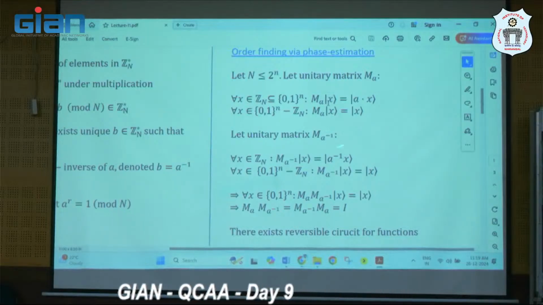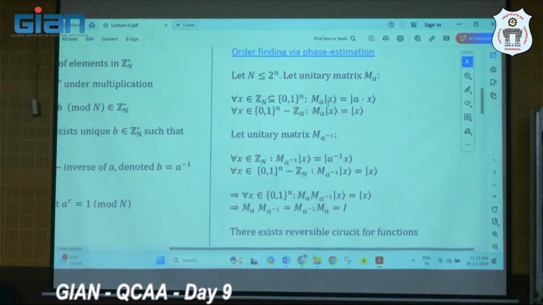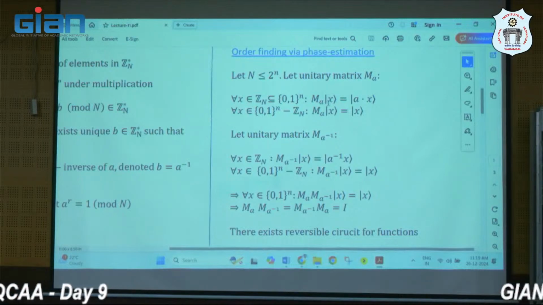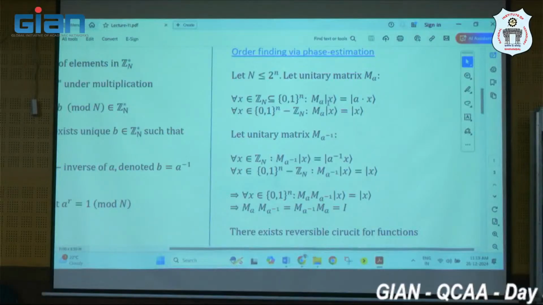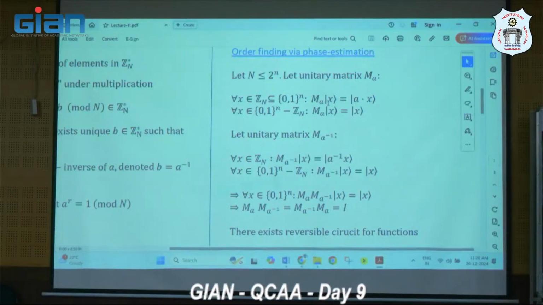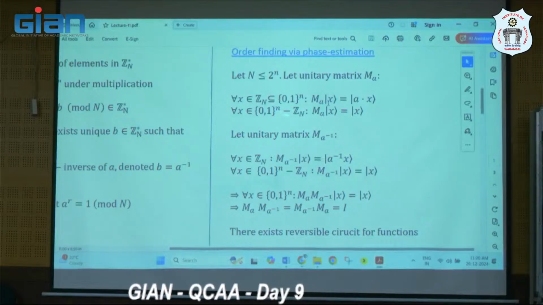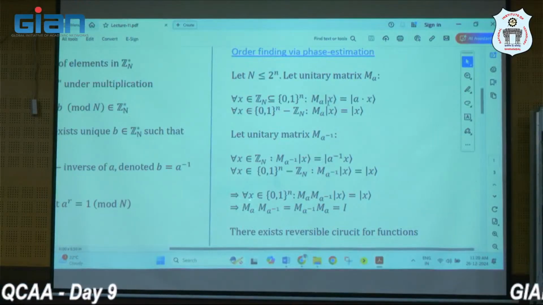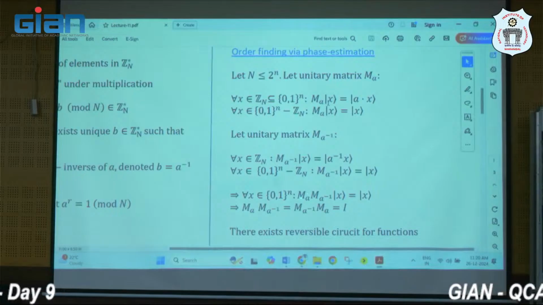Now we have the unitary matrix MA inverse. What it does is multiply by A inverse. Agreed? Any questions? Again, outside Zn, it does nothing. Here also, outside Zn, it does nothing. Now, what do we note? For all x, if I multiply MA times MA inverse, what do I get back?